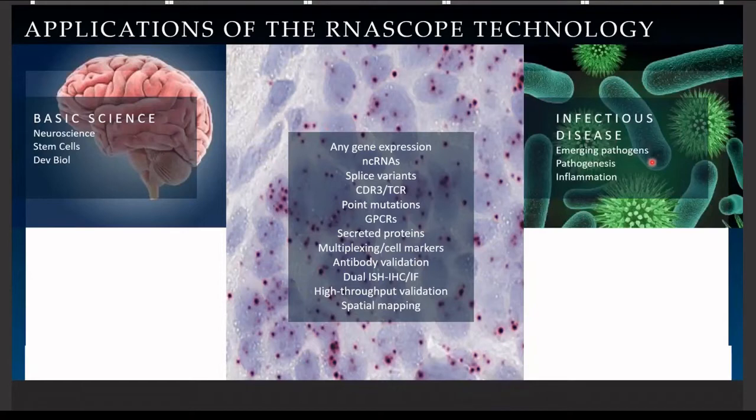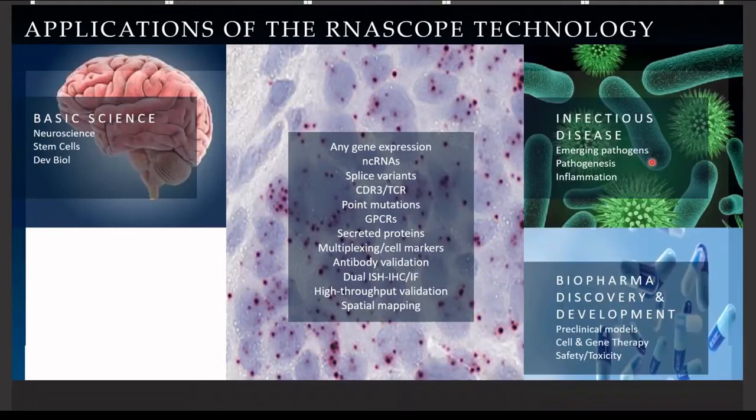We were able to design a probe against the SARS-CoV-2 virus in less than 2 weeks, which allowed for expedited research for our research community. Then for biopharma discovery and development, which is the topic for today, development of your cell and gene therapies that have shown considerable success in recent years.